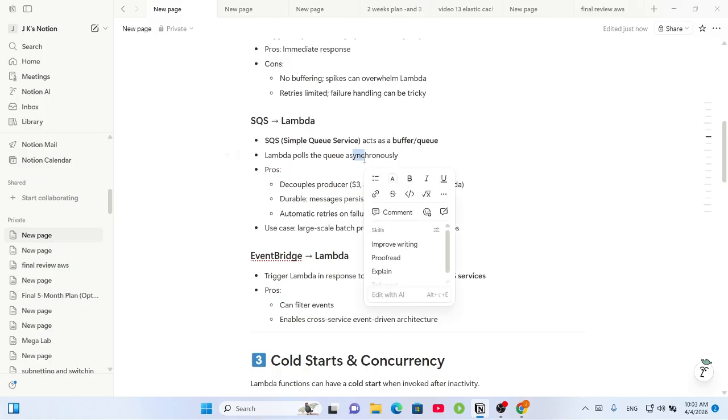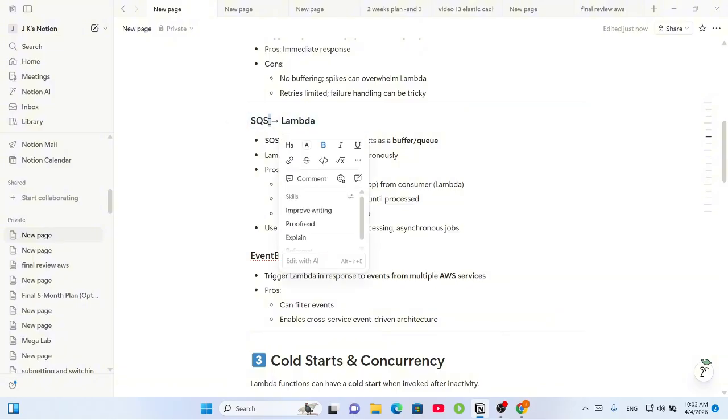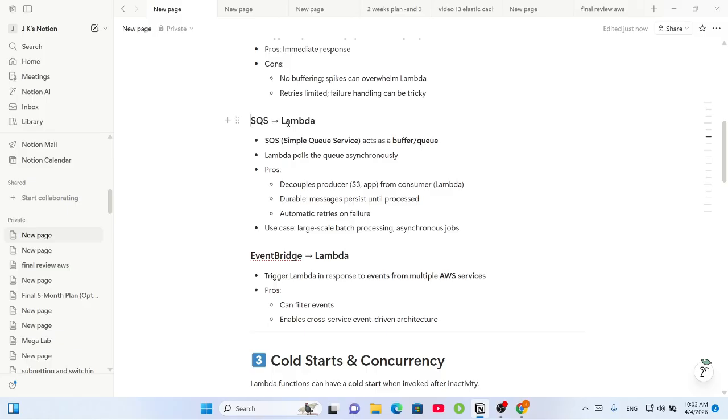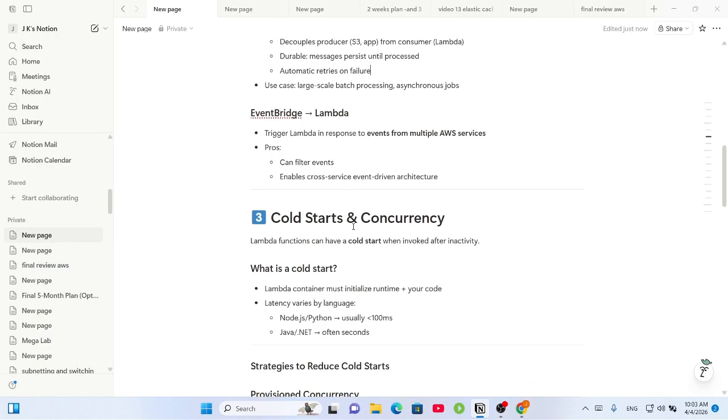Lambda polls the queue. You can configure SQS as a trigger for a Lambda function. Create a Lambda function, and when someone pushes something to the queue, Lambda takes it and does some action.